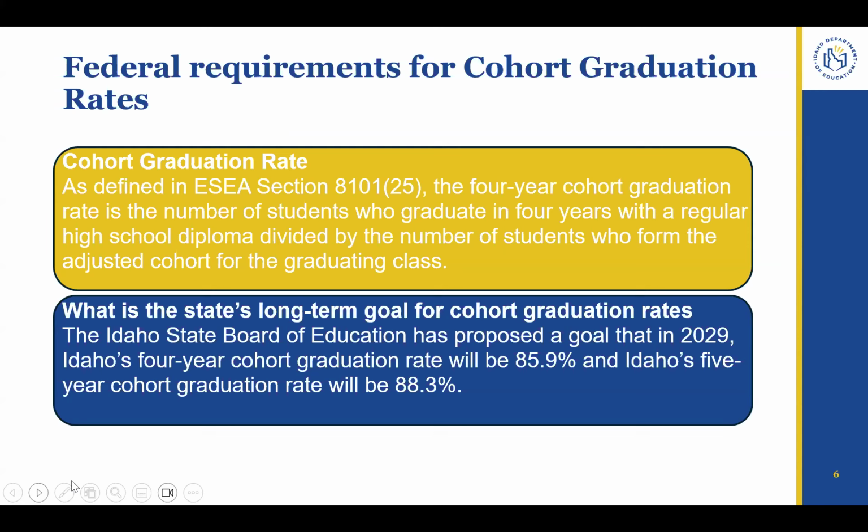It is also a requirement that states report cohort graduation rates and set long-term goals. In Idaho, the State Board of Education has established targets of 85.9% for the 4-year rate and 88.3% for the 5-year rate by 2029. These requirements help ensure transparency, comparability, and accountability across schools and districts.